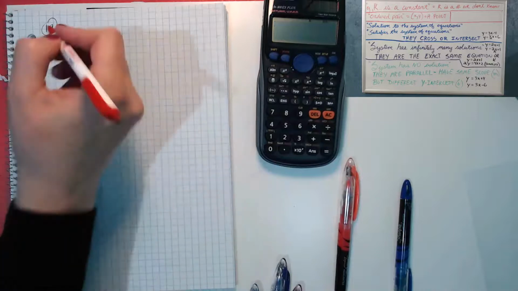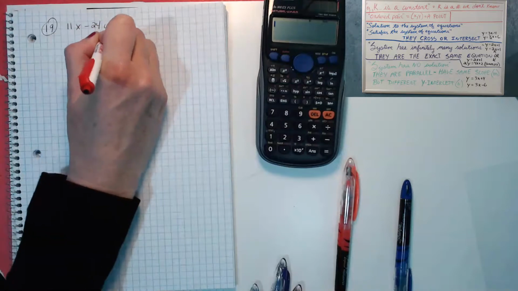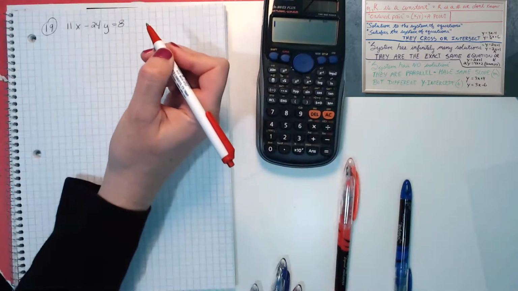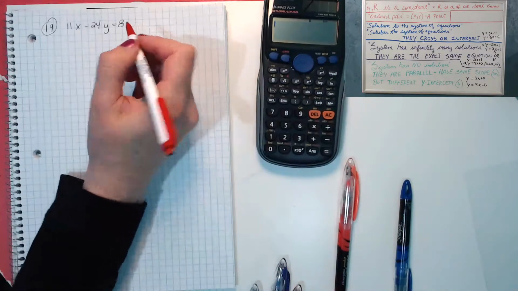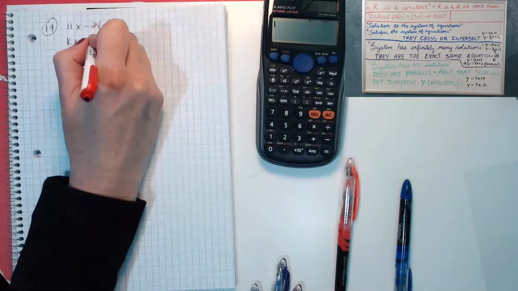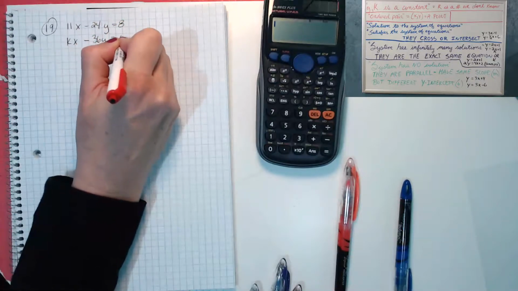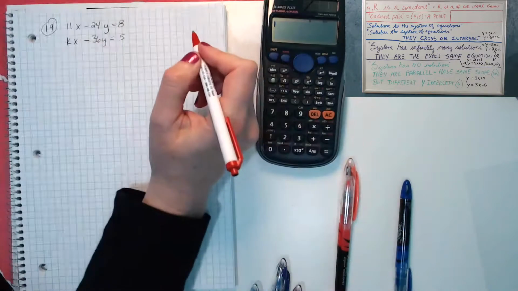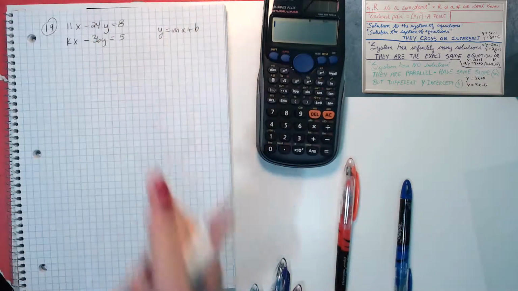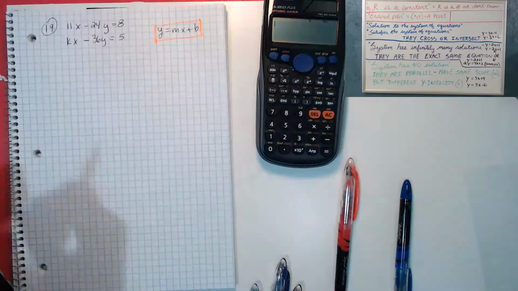19, we take our two equations, 11x minus 24y equals 8. And then we have k times x minus 36y equals 5. Okay, here again, we need to put it in this format. And what do we know because of the question?